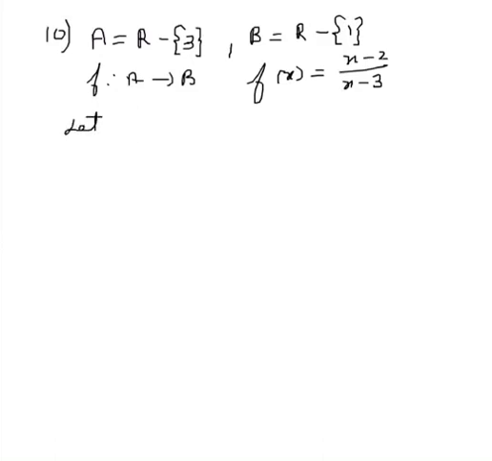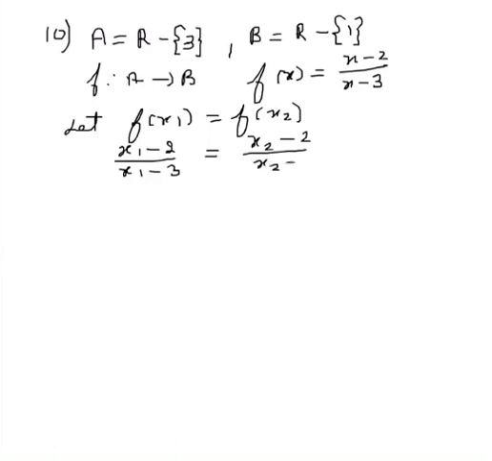So let us take f of x1 is equal to f of x2. (x1 minus 2) divided by (x1 minus 3) is equal to (x2 minus 2) by (x2 minus 3). Let us cross multiply. Open the brackets.